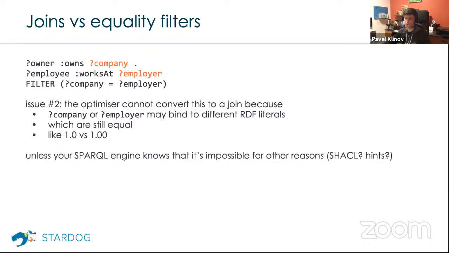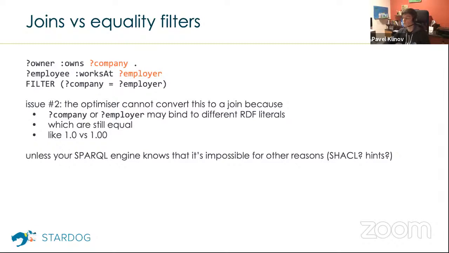You can have equal numbers which are different RDF terms. And when that happens, the optimizer might just fail to rewrite this into a join because it doesn't know what kind of data it's going to run that query on. And strictly speaking, according to SPARQL semantics, in this case you cannot rename company by employer or employer by company and run this query.